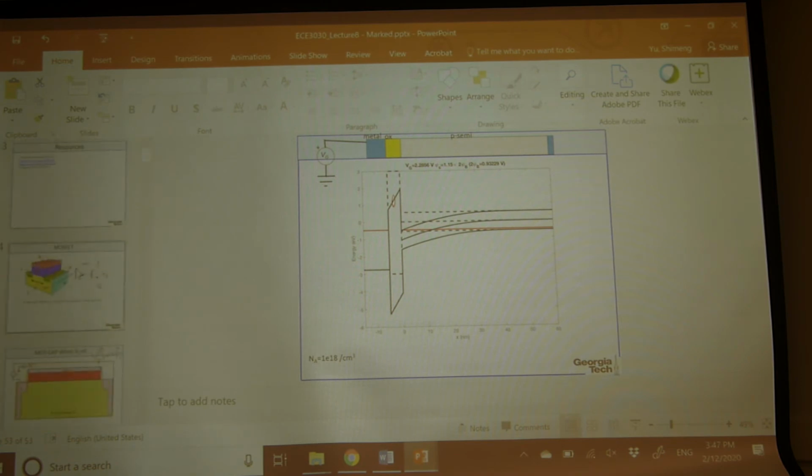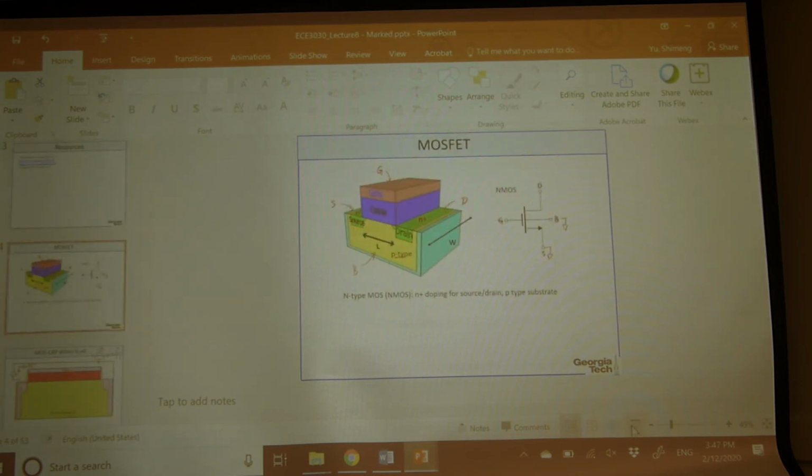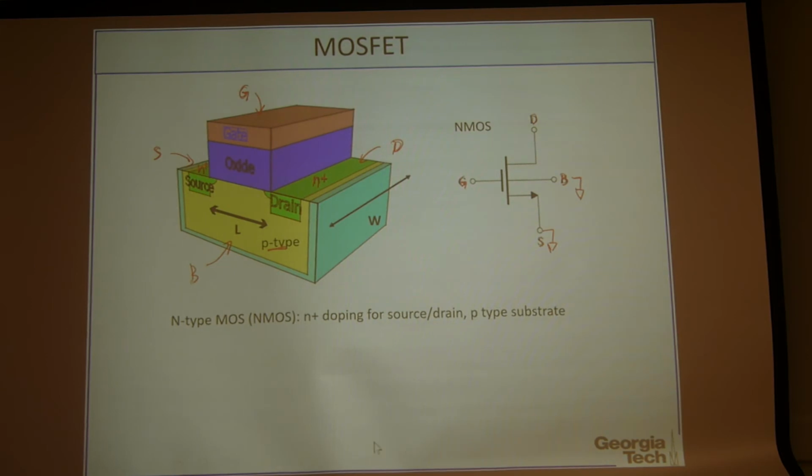If we look at this three-dimensional view, here we have two parameters. One is called W. This W is different than that depletion width. This W is called the channel width, because here we have the channel, and then this is to the third dimension. So this is how wide your channel is.